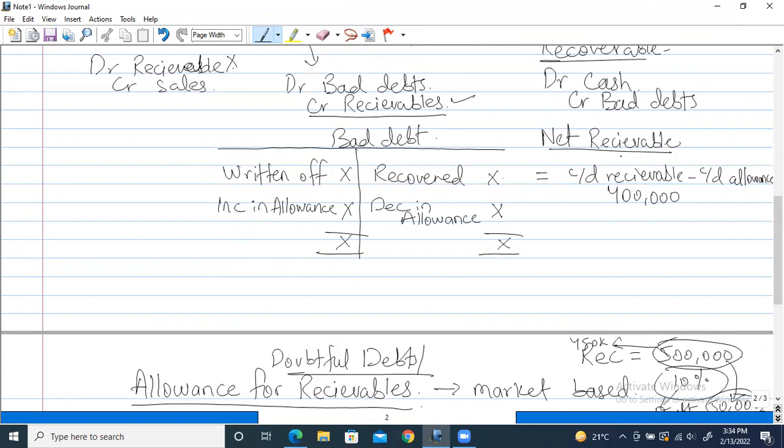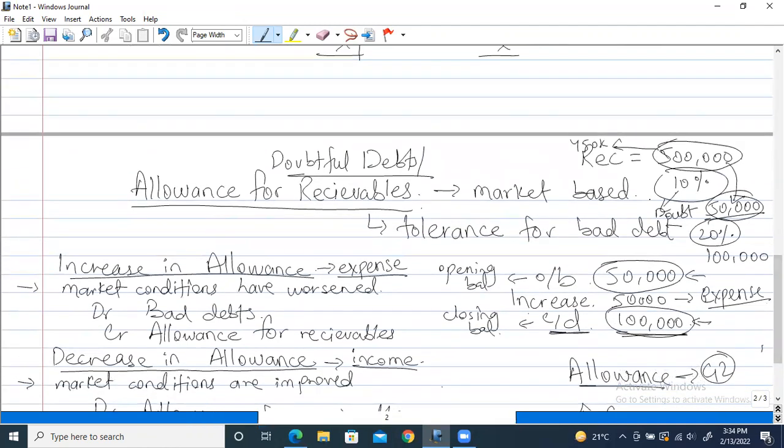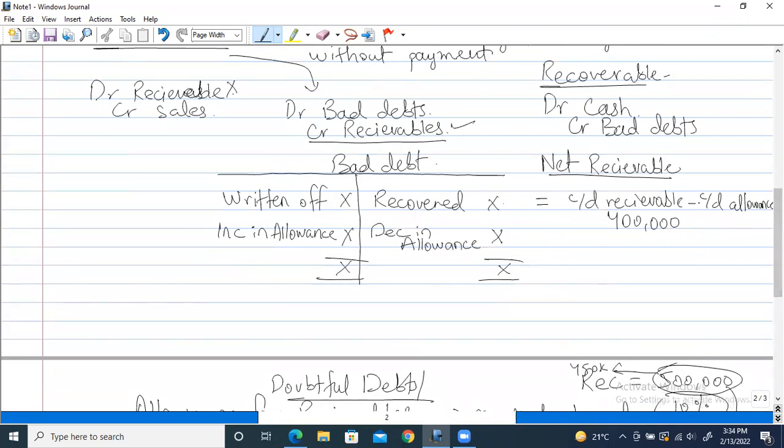This means the net receivables figure is the most certain figure we can get. This 400,000 we will certainly receive, with close to 100% chance. Only the 100,000 is uncertain, as there may be some balances within it that we may not receive. But on the 400,000, there is no second thought. We will receive all of this amount.